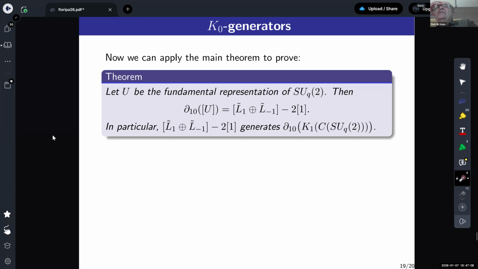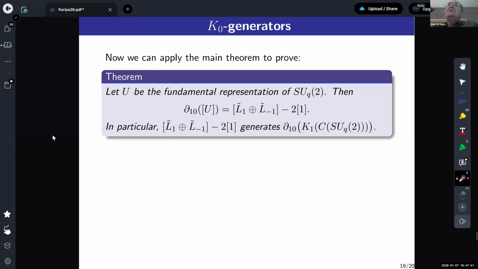It is known that, like in the classical case, the fundamental representation of SUq(2) is a generator of K1 of SUq(2). If you take K1 of a 3-sphere, it is equal to Z, and the typical generator of this K1 is the fundamental representation of SU(2). It is much the same in this case of the q-deformation.